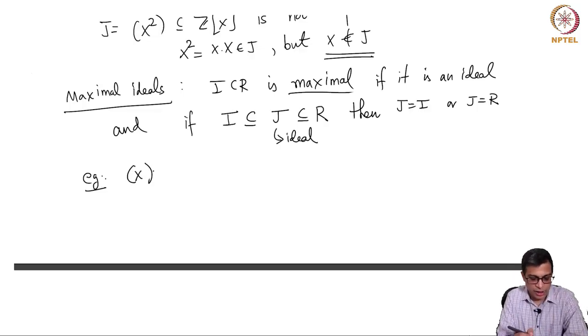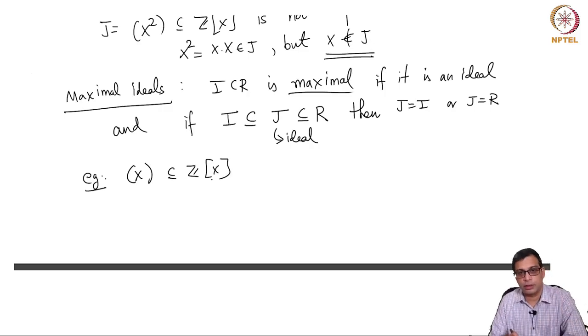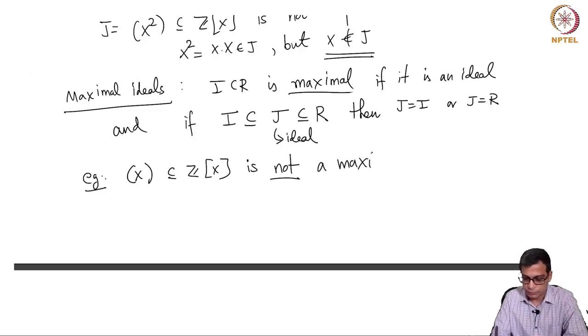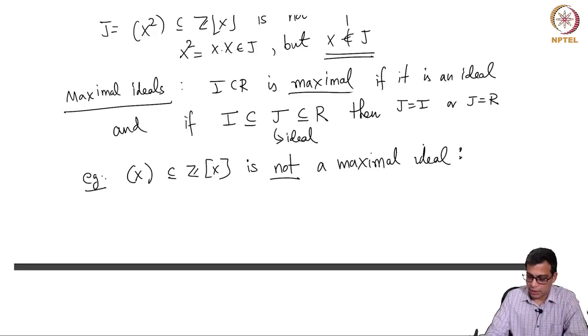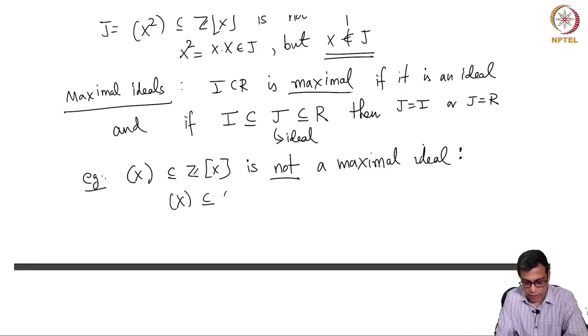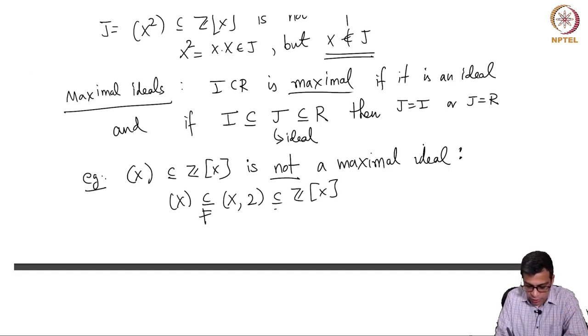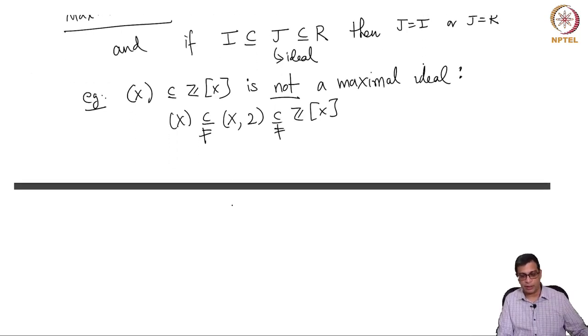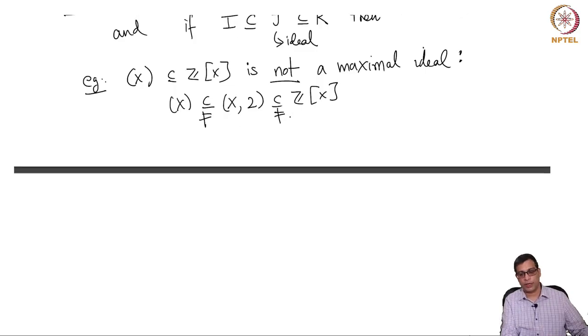Example, the prime ideal we considered earlier, you can think about it and conclude that it is in fact not a maximal ideal. Okay, why is that? This is clear because if you take the ideal generated by (x, 2), it's not equal here and it's not equal here. Okay, so this is contained in a bigger ideal, which is a proper ideal also.